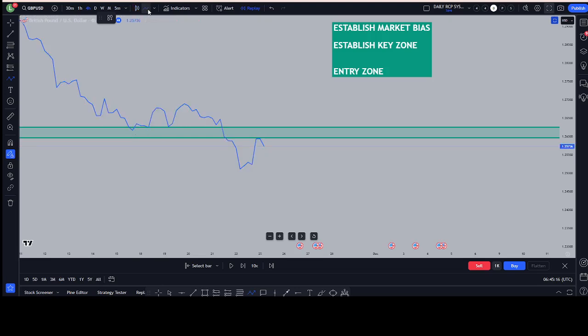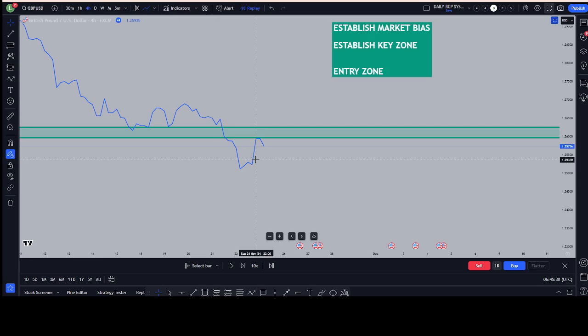If you change the chart to line chart, you see that we had lower high minor structure, then higher low minor structure, then we have higher high minor structure. You understand? The minor structure inside the major swing structure is bullish currently.